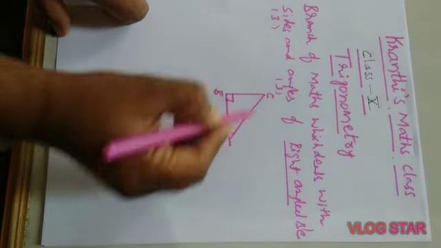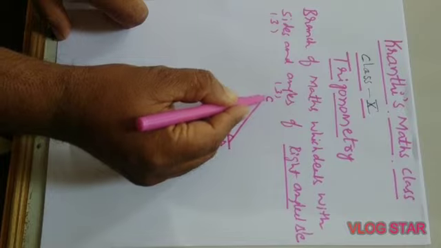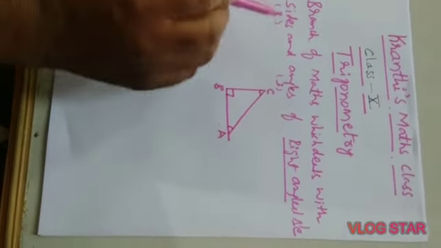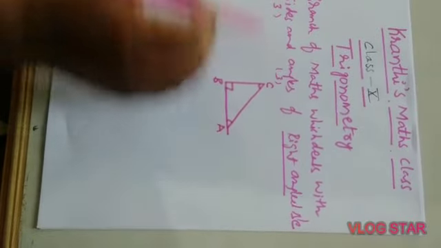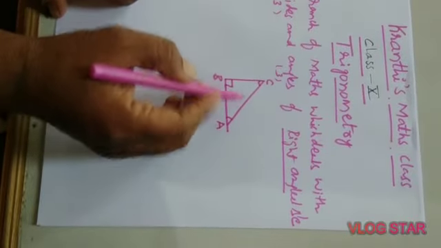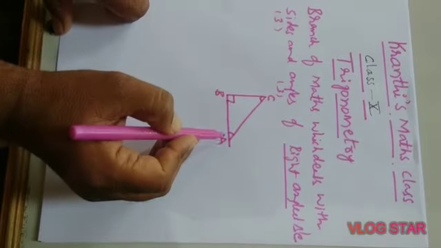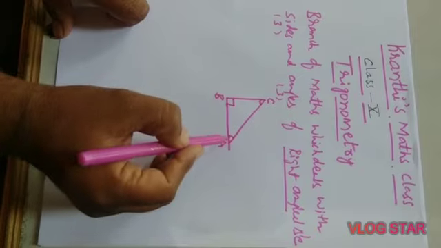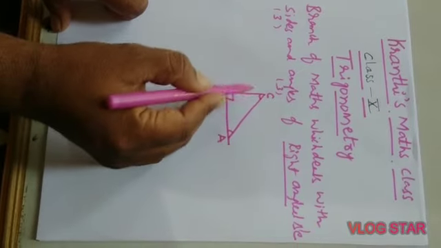The remaining two angles are acute angles, meaning below 90 degrees. So trigonometry deals with three sides and three angles. The three sides are AC, AB and BC, and the three angles are angle A, angle B, angle C.